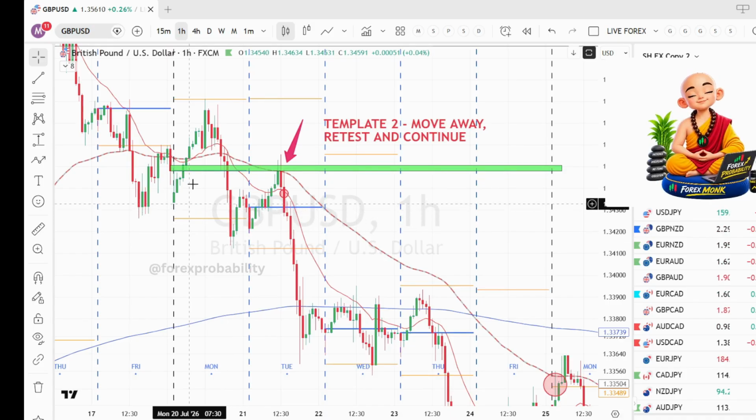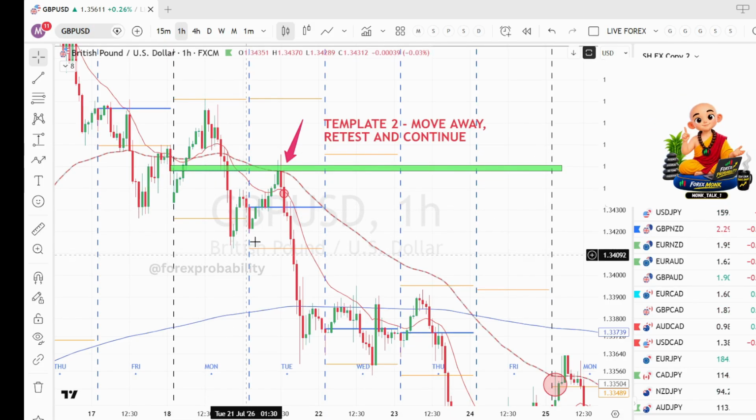Here, price moves away from the CP. Then, sometime during the week, price comes back and retests the closing price. After that retest, price continues in the original direction. For example, price moves lower from CP, returns to CP and rejects CP, then continues lower.